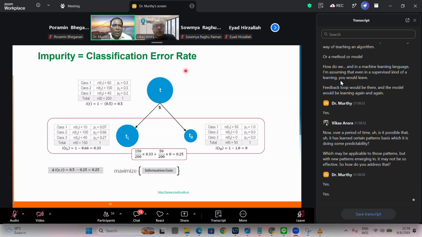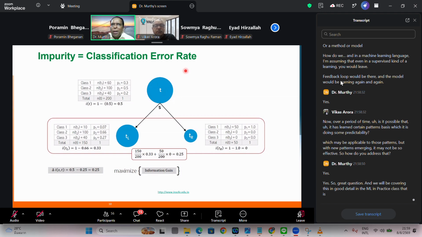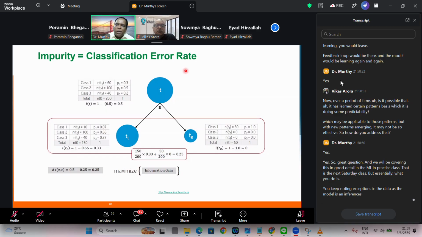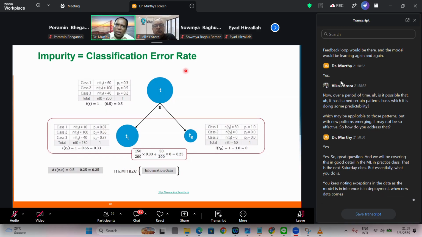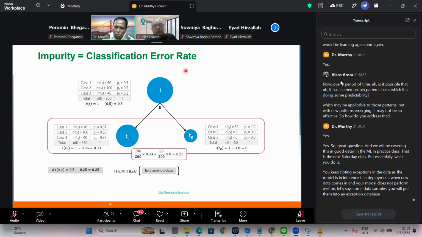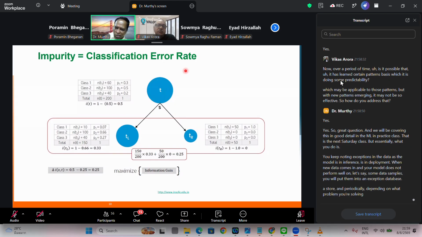Yes. So, great question. And we will be covering this in good detail in the ML in practice class. That is the next Saturday class. But essentially, what you do is you keep noting exceptions in the data as the model is in deployment. When new data comes in and your model does not perform well on some data samples, you put them into an exception database, and periodically, depending on what problem you're solving, the frequency changes.